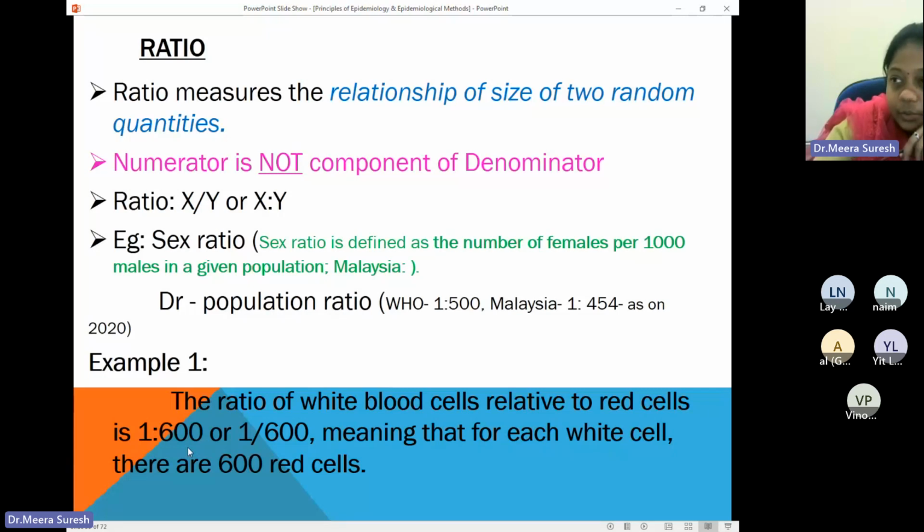But WBC is just thousands, from 4,000 to 10,000. So when we take a ratio, it will be 1 is to 600 or 1 by 600. And here the numerator is not a part of the denominator. They are just showing their relationship in size, but not a part of the denominator.